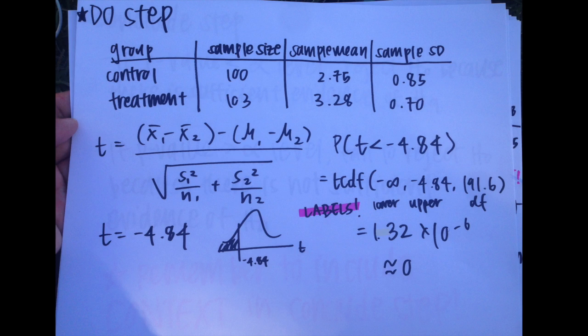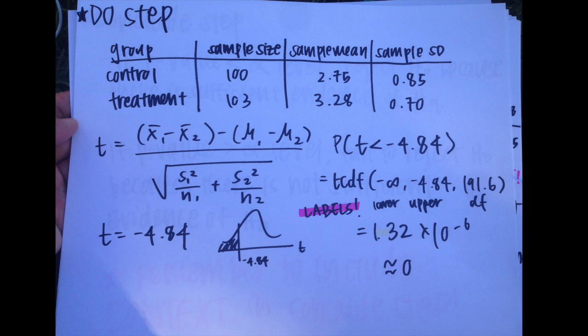So next is the do step, and the data is given in the table. First you find T using the equation, which you can also find on your formula sheet. Then you find the probability of T being less than the value that you calculated. In this case, it's negative 4.84. And then you use tcdf.